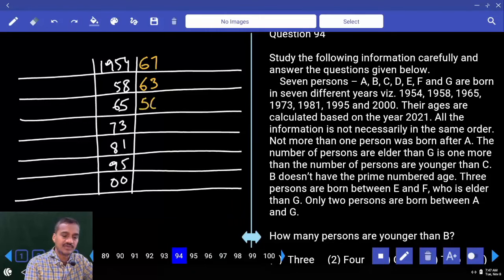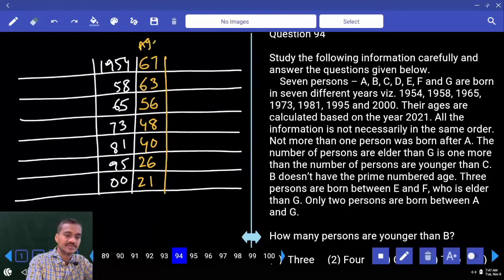And 65 and 73. And minus 8, 48. 73 plus 8 minus 8 is 40. And here 14 minus 14, 26. And plus 5 minus 5, 20. Now these are the ages of these persons.